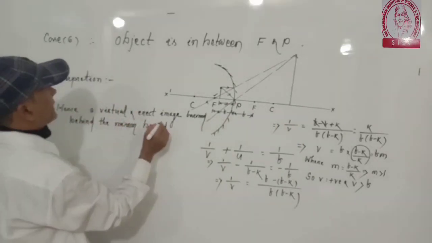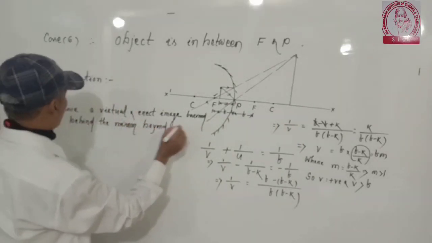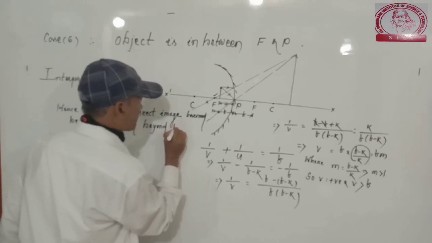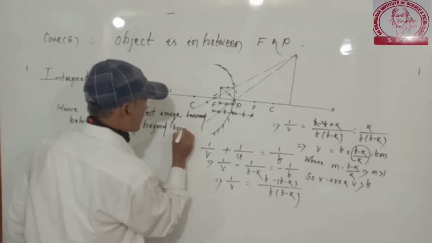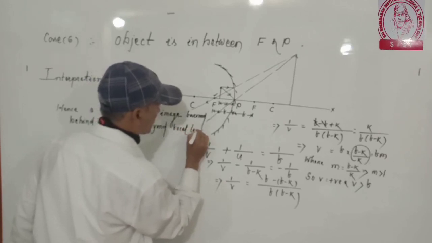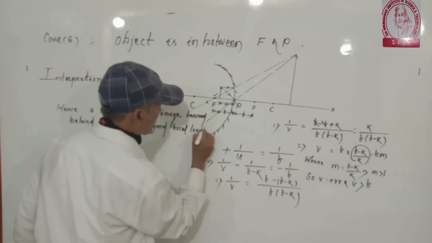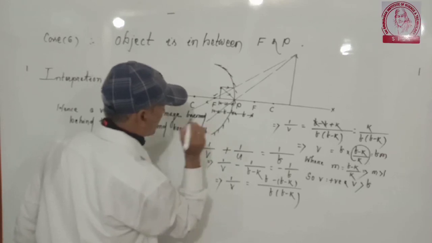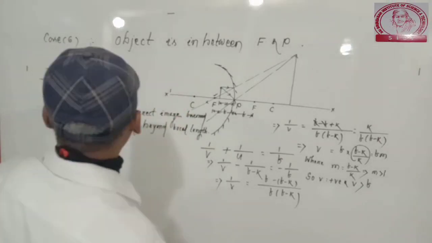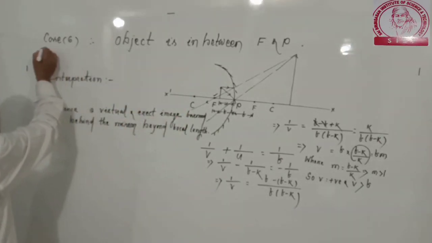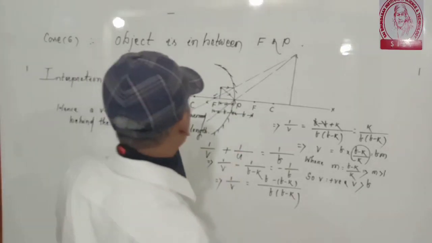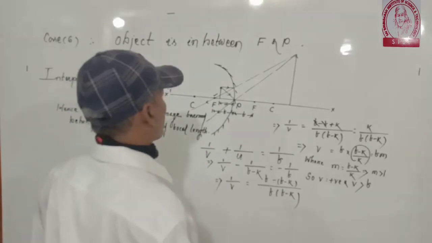Hence a virtual and erect image formed behind the mirror beyond focal length. This is all about the cases in case of a concave mirror.